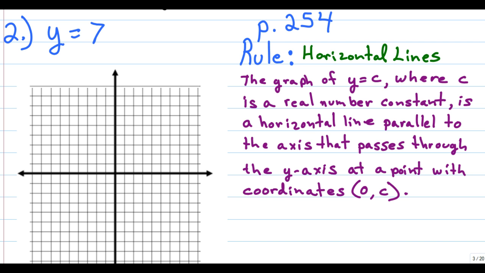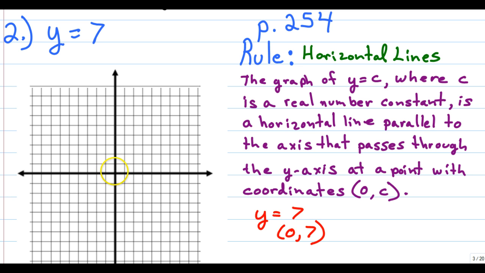Where c is a real number constant, is a horizontal line parallel to the x-axis that passes through the y-axis at a point with coordinates 0, c. So in the case of our problem, which is y equals 7, our coordinates are going to be 0, 7.